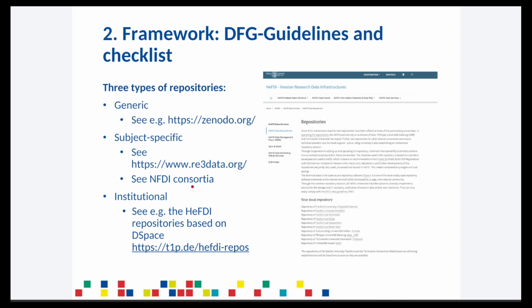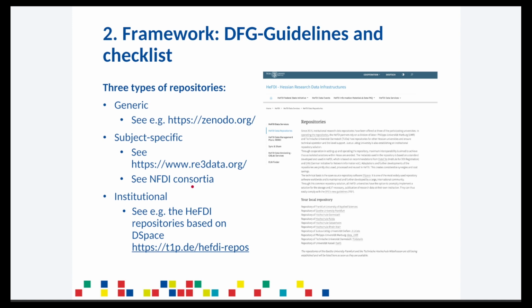There are subject-specific repositories, and Robert already dropped the link concerning re3data, a registry of recognized repositories. With subject-specific repositories, we strongly recommend to have a look at your NFDI consortia. For example, NFDI4Culture has set up a repository called RADAR4Culture. NFDI4Chem has set up a repository called RADAR4Chem, etc.